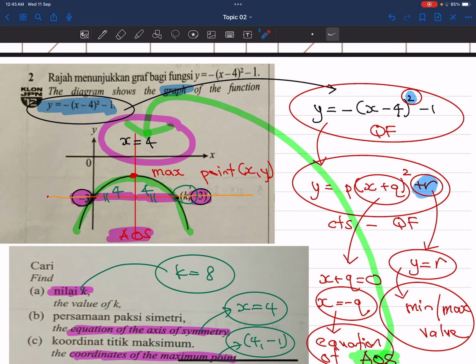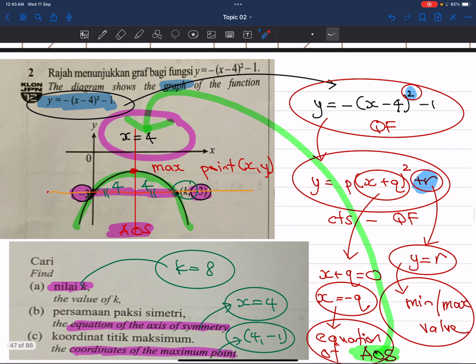I just want to run through. We were given the graph and then the equation. I start from the equation. First thing, the equation has power 2. Therefore, it is a quadratic function. Second, this given equation is in the format of p brackets x plus q square plus r, which is complete the square.